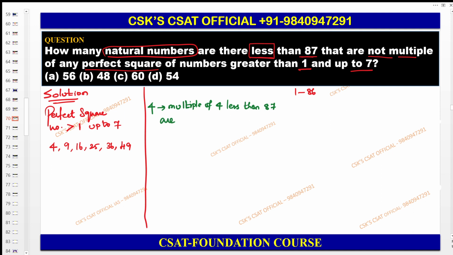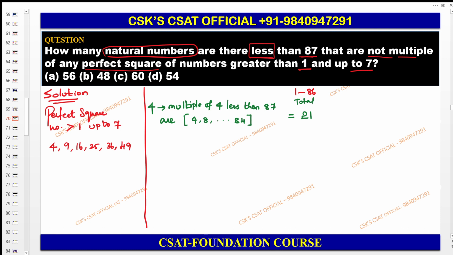The simplest way to find out is what is the nearest multiple of 87 with respect to the 4 table. 4 table 84, sir. 84, right? 4 into 21 is equal to 84. So therefore totally 21 numbers are there, 4 multiples. You can say like this: 4, 8, like this up to 84, right? So therefore 21 numbers are there. So we are done with 4.